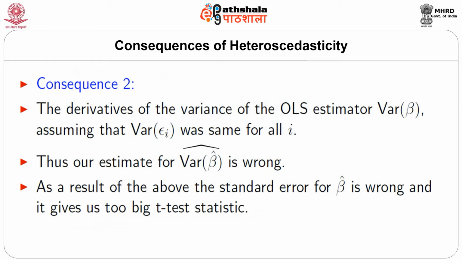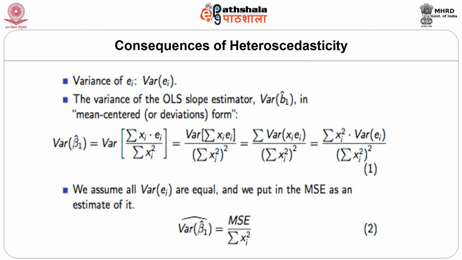The second consequence of heteroscedasticity is that the OLS formula for the estimate of variance of beta 1 hat is no longer correct. Let the variance of the error term ei be denoted by variance of ei.